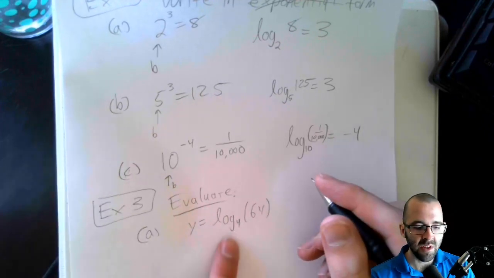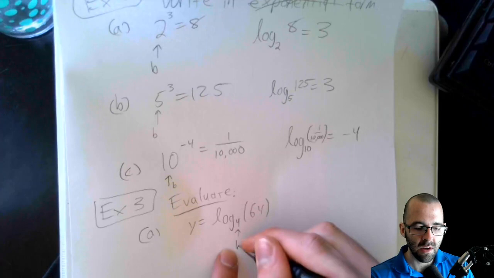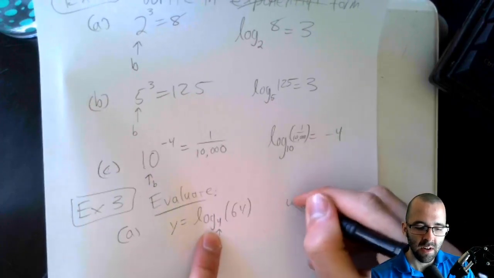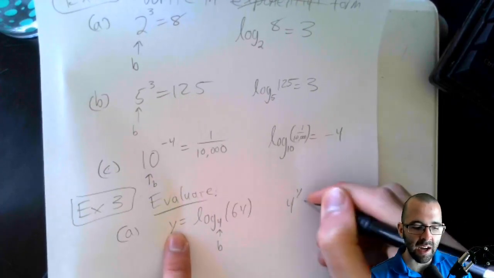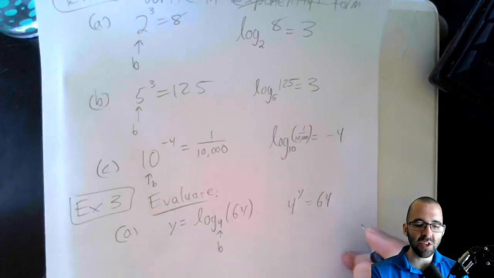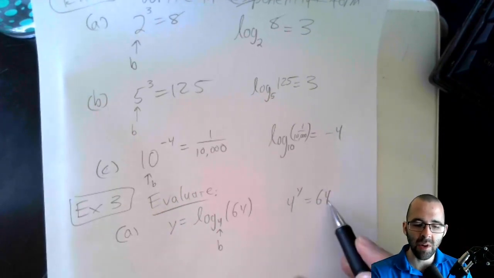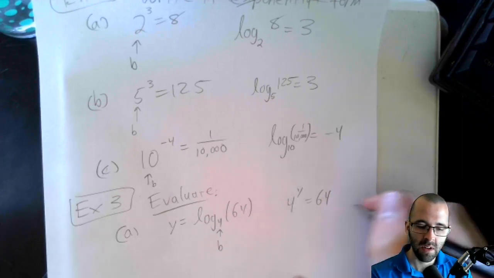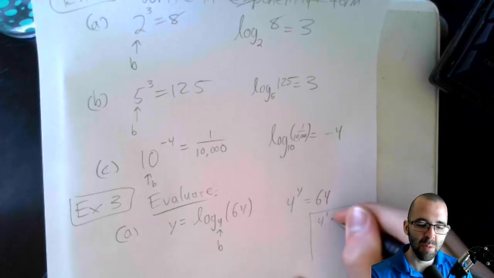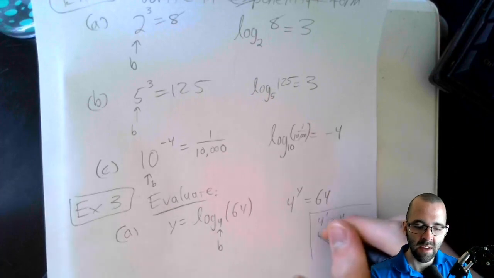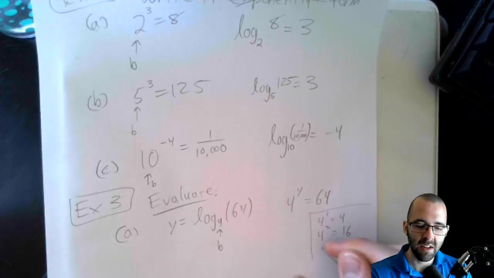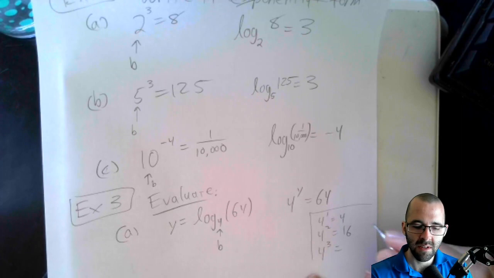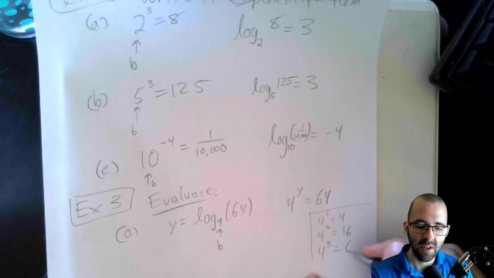Okay, so we do the same thing. The base of the logarithm is 4. So we get 4 to the y equals 64. And the question is, what exponent makes this true? Well, 4 to the first power is 4. 4 to the second power is 16. 4 cubed, you can type that onto a calculator or multiply this by 4, 64.